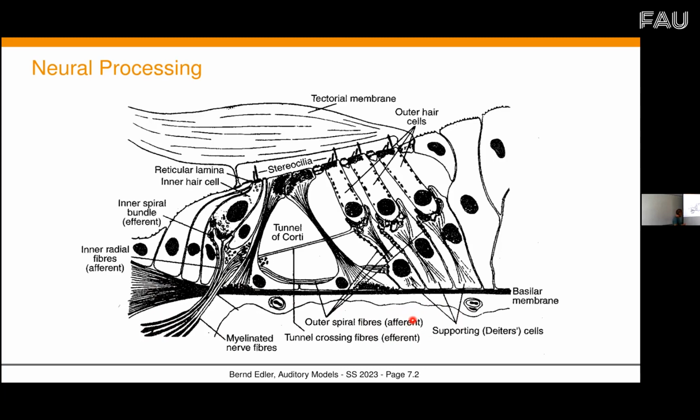And this is actually what we see here, that we have both effects.